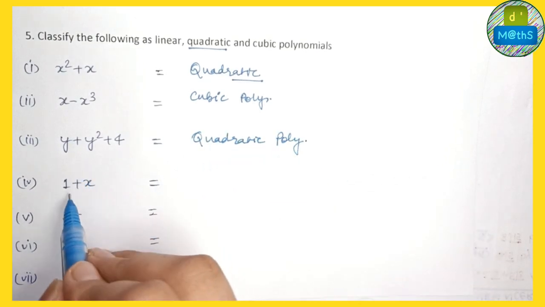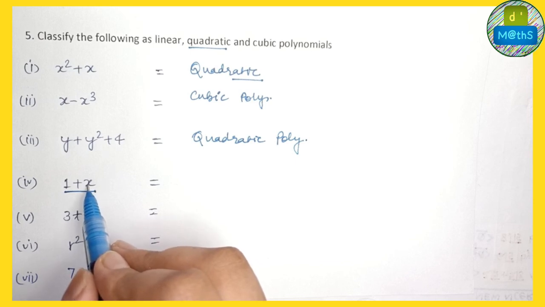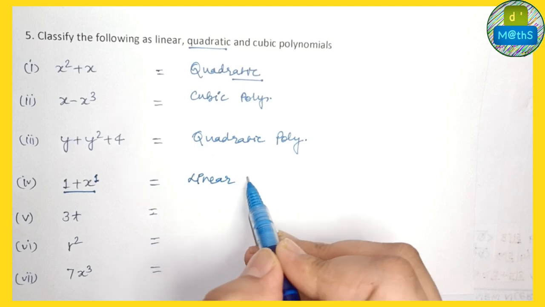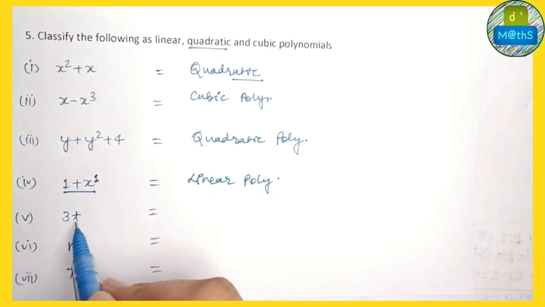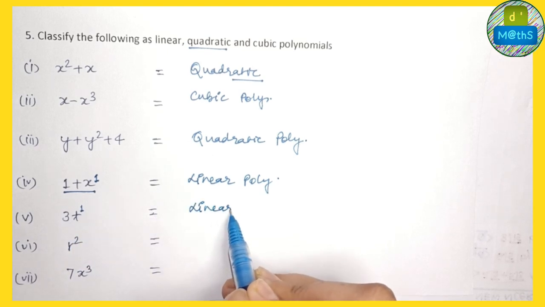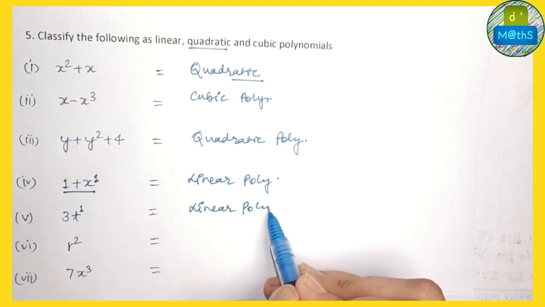And in the fourth there is only x. You can consider it as x to the power 1, because there will be no effect. So this would be a linear polynomial. Here also only t is written. So t to the power 1 we can assume because the value will be unchanged. So this is also a linear polynomial.